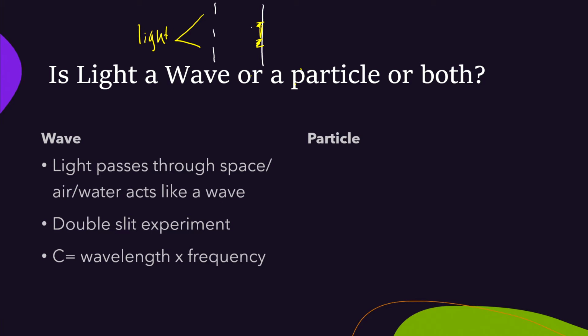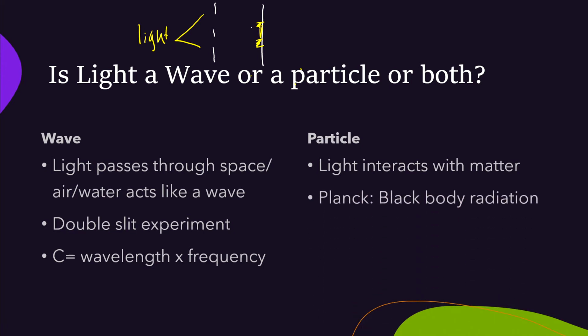Now, in terms of a particle with light, light is interacting with matter when we're talking about it being a particle. And Max Planck conducted an experiment called the black body radiation, and he observed that matter can either be absorbed or released in energy in whole number intervals.